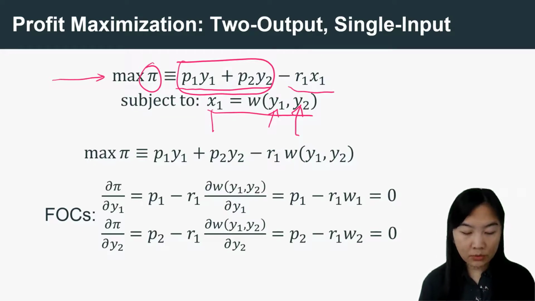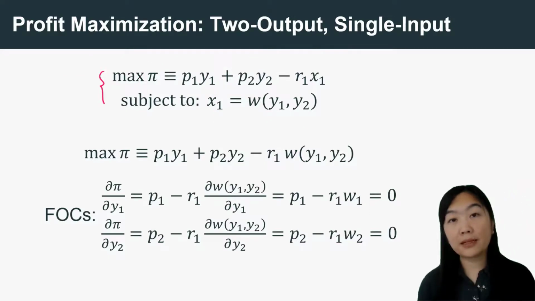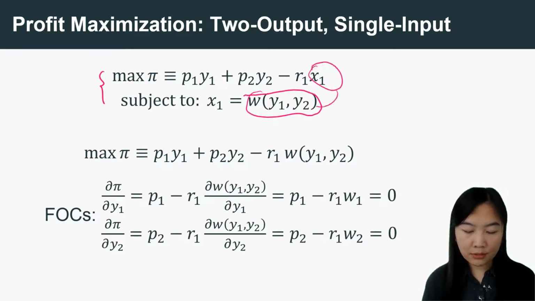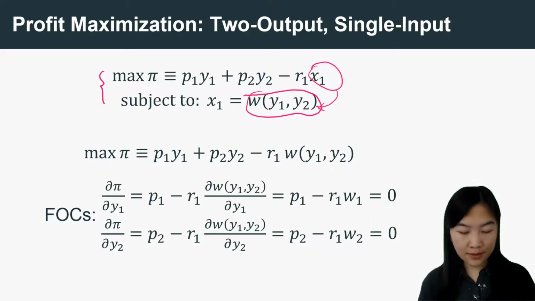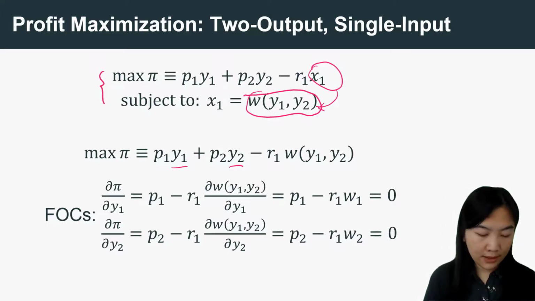This is a constrained maximization problem. What we can do is simply substitute x1 here with this condition. Then only the output levels are the choice variables.